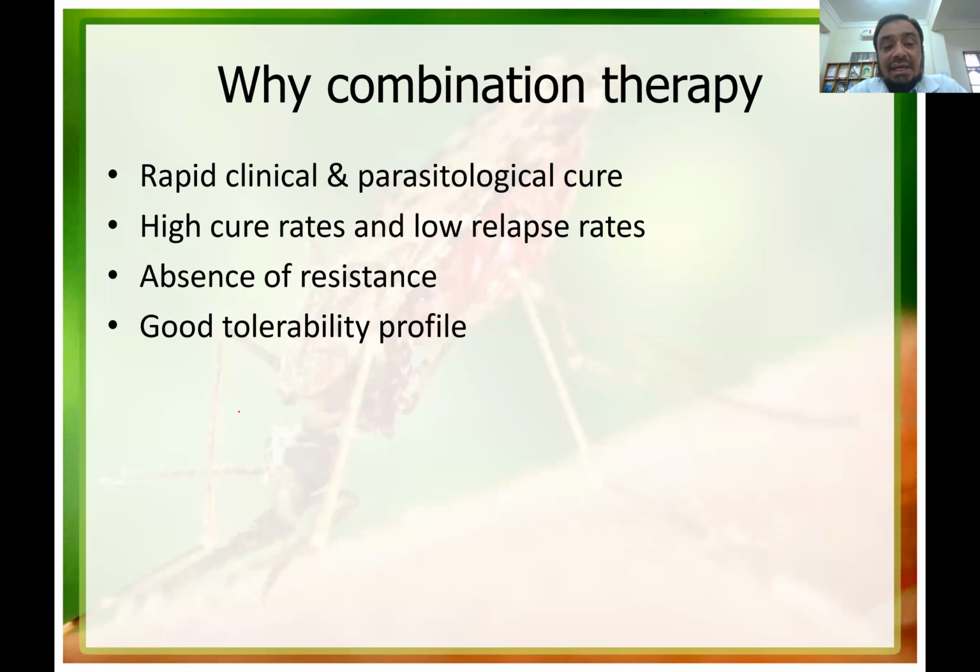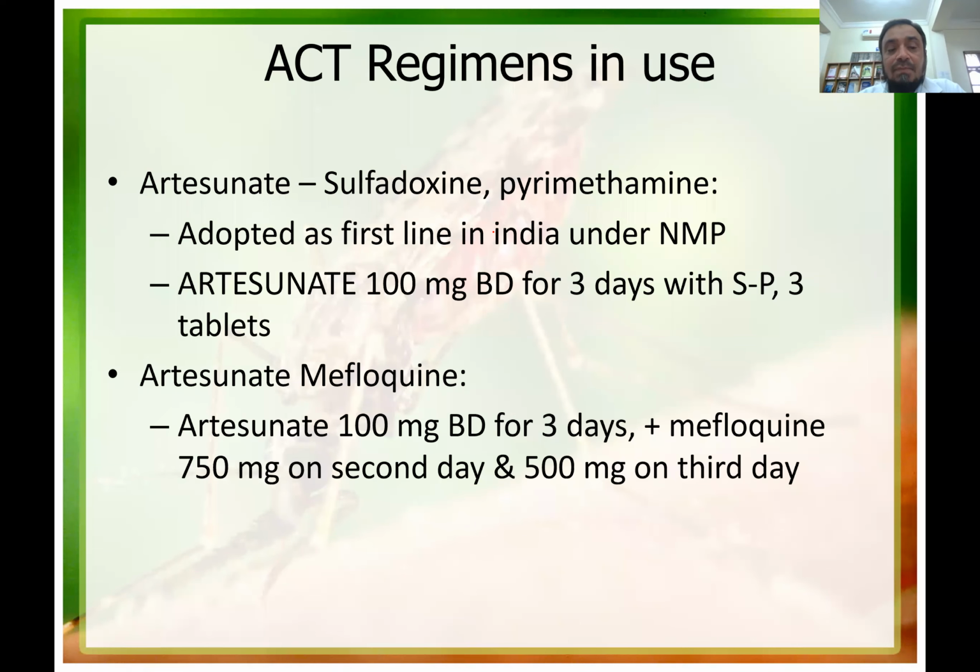So why combination therapy? Because it causes rapid clinical and parasitological cure, and there is low relapse rate. Actually, it is recrudescence. Okay, relapse is mainly for Vivax and Ovale, right? Absence of resistance and good tolerability profile, less adverse effects in comparison to quinine.